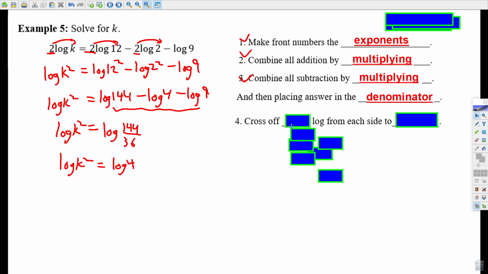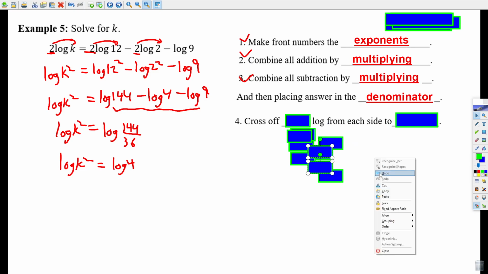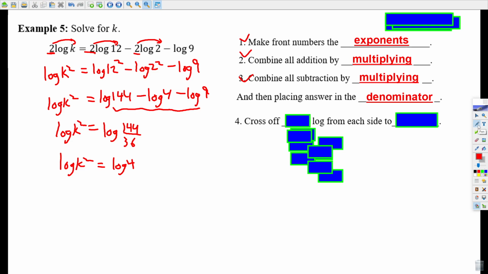It's really messed up. It's supposed to say cross off 1 log from each side to solve. So let's go ahead and do that, even though this is messing up quite a bit. So cross off a log from each side to solve this.